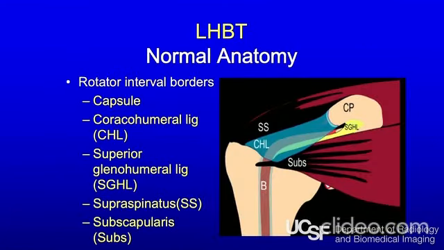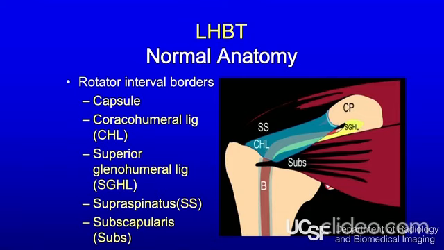So the borders of that rotator interval include the capsule. And notice on this diagram the blue structure going from the coracoid to the humerus called the coracohumeral ligament. It goes on top of the biceps and it attaches to the lesser and greater tuberosities of the humerus as well as the supraspinatus and subscapularis tendons.